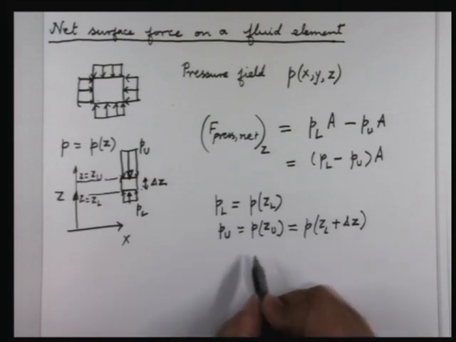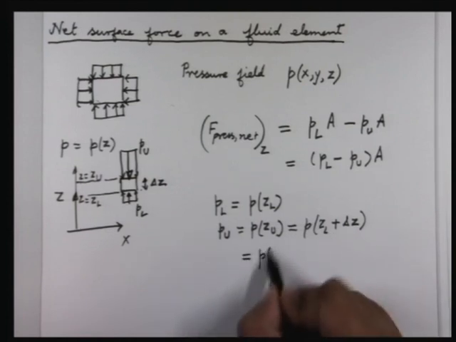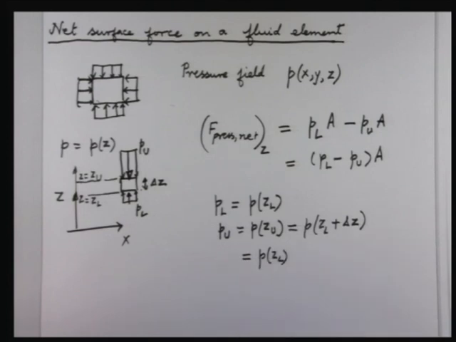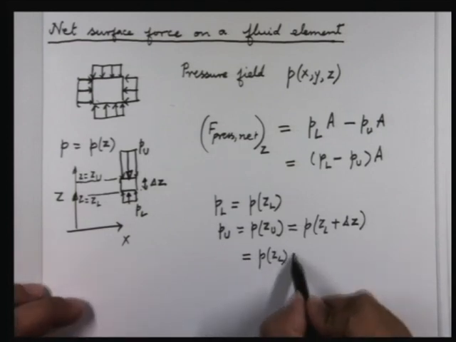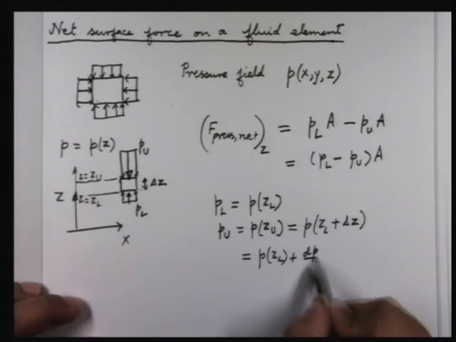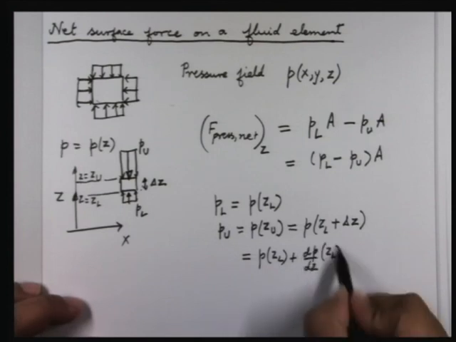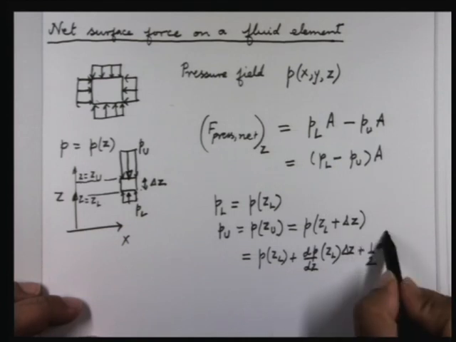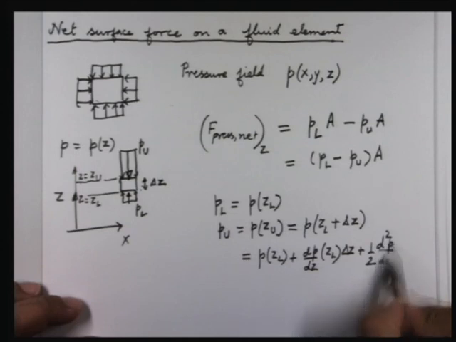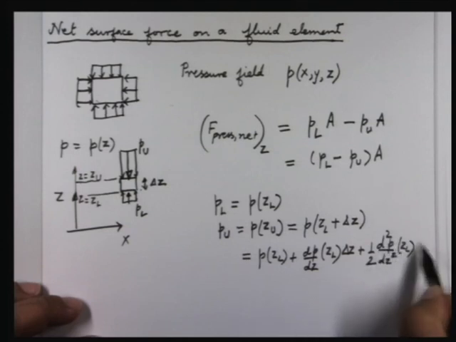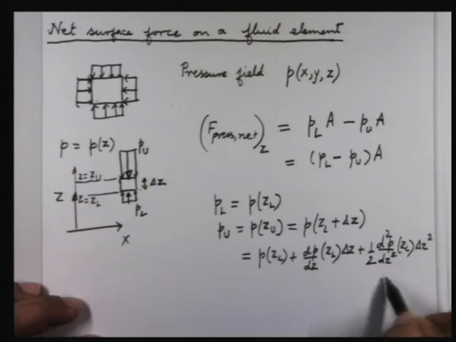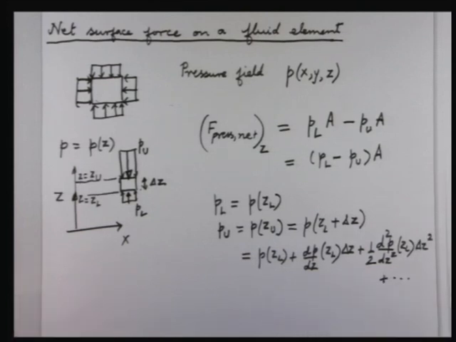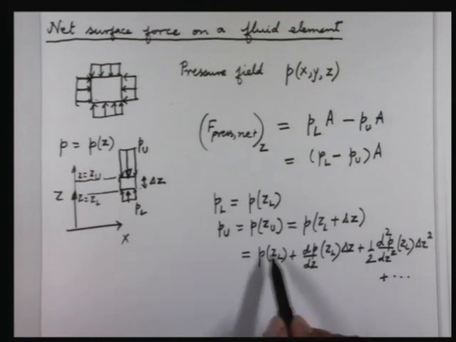So this I can write as P of ZL plus dP/dZ evaluated at ZL into delta Z, plus, if you want to write another term, half d2P/dZ squared at ZL into delta Z squared plus dot dot dot.